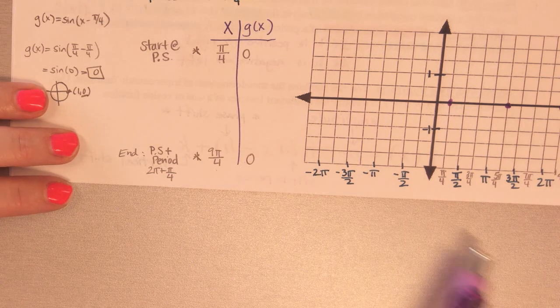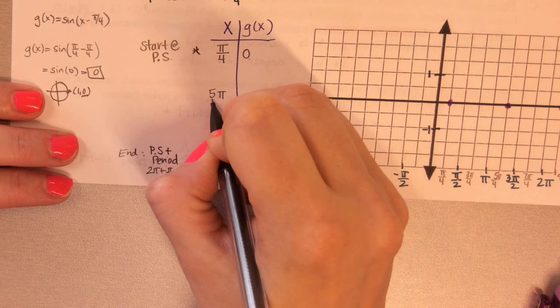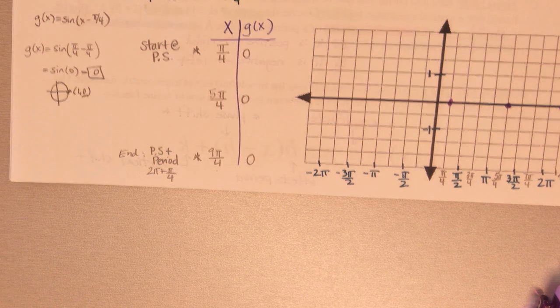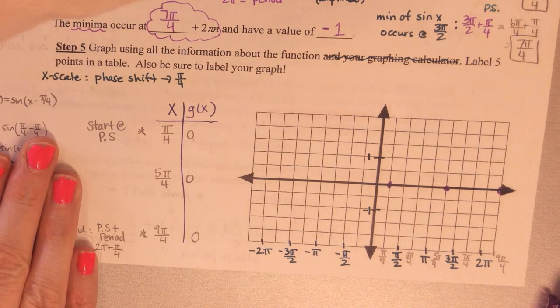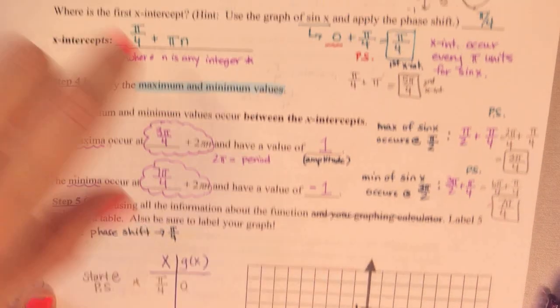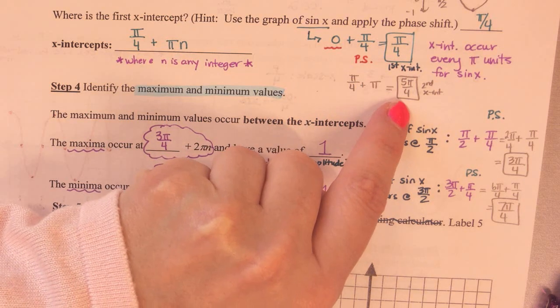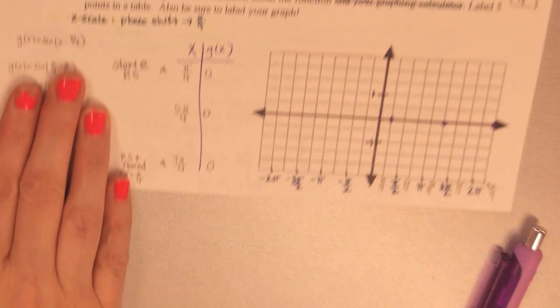And it's at 0. Now, remember, didn't we come up with an equation for the x-intercepts? Yes, we did. Where did we say the first x-intercept was going to be? So the first one was at pi over 4. What did we calculate the second one to be? Minus pi over 4.